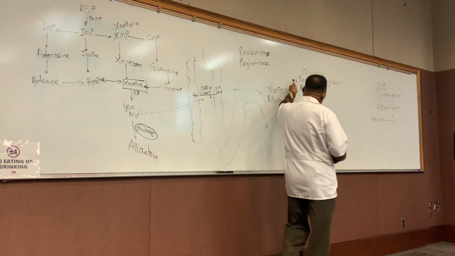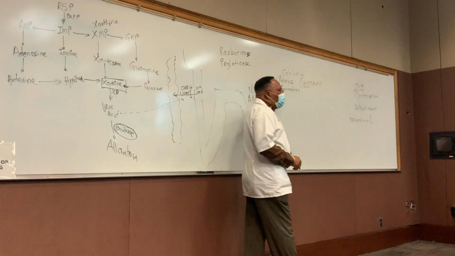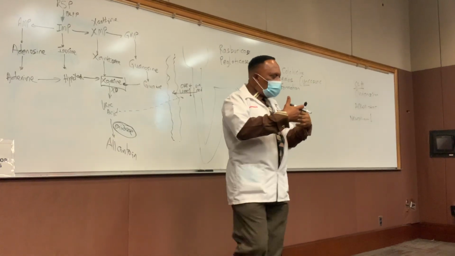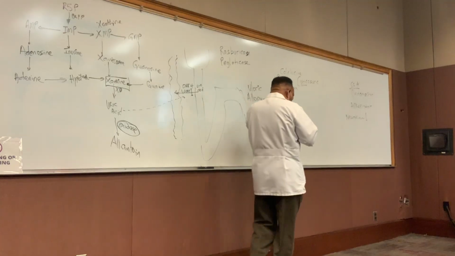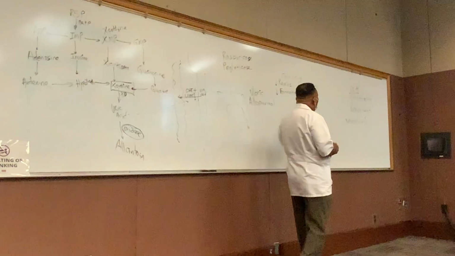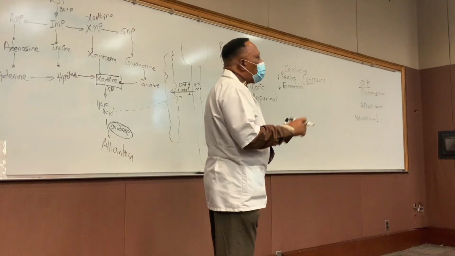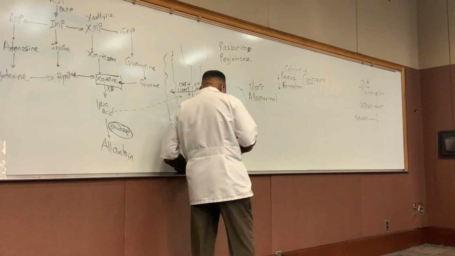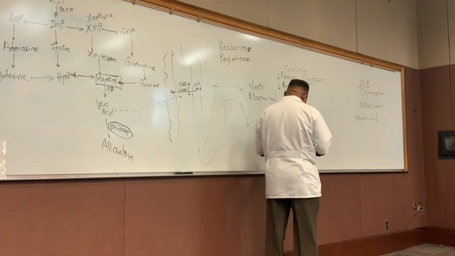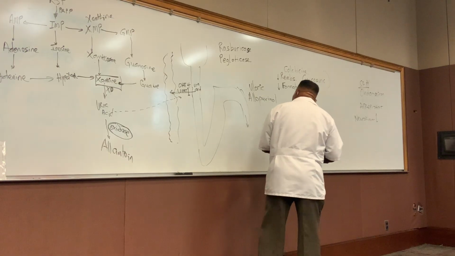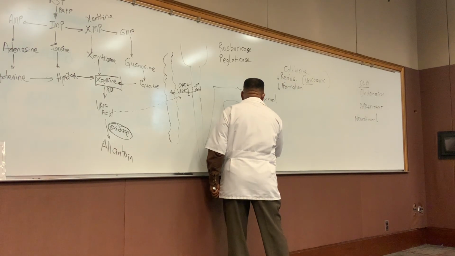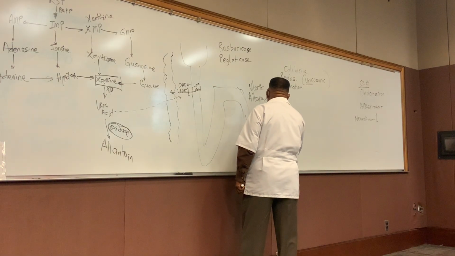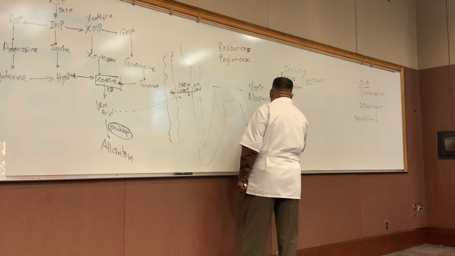To decrease reabsorption from the renal tubule, you have to use an agent called a uricosuric agent. That's where your sulfonylureas would belong.